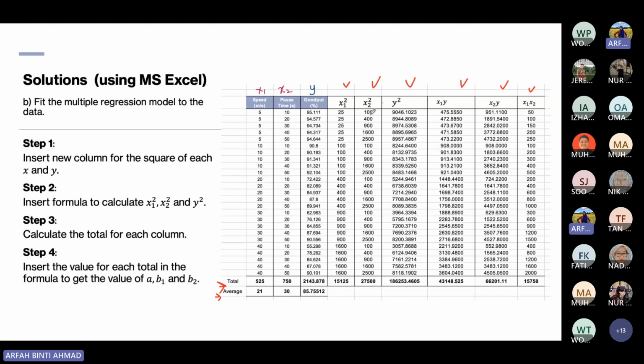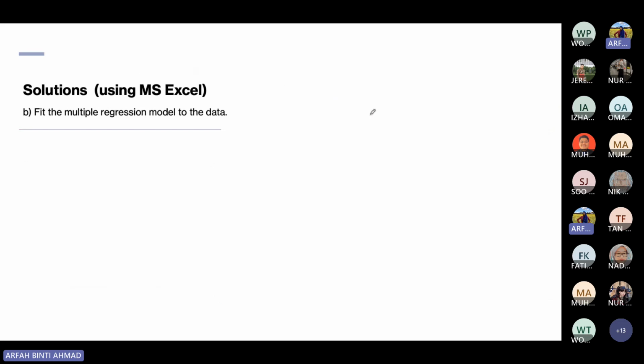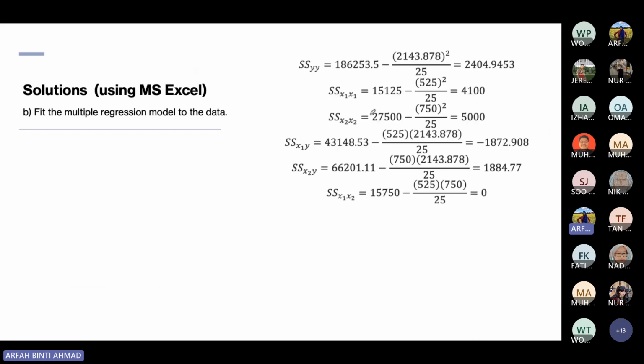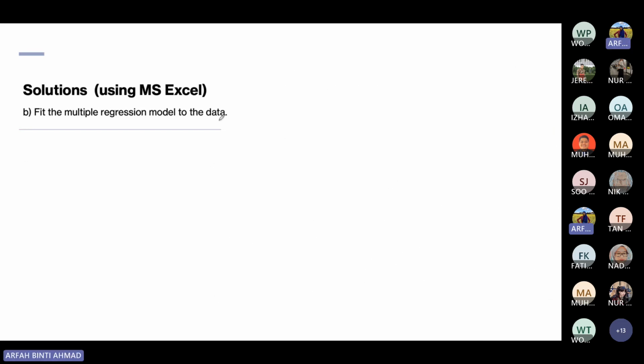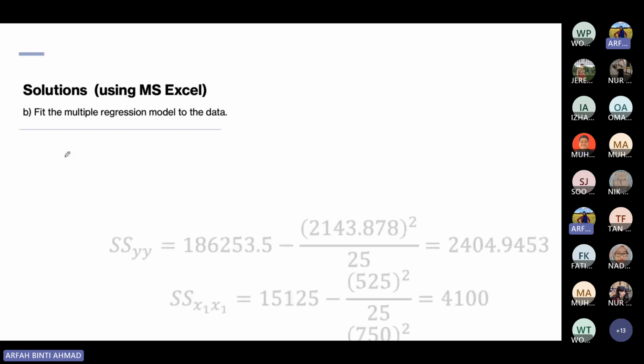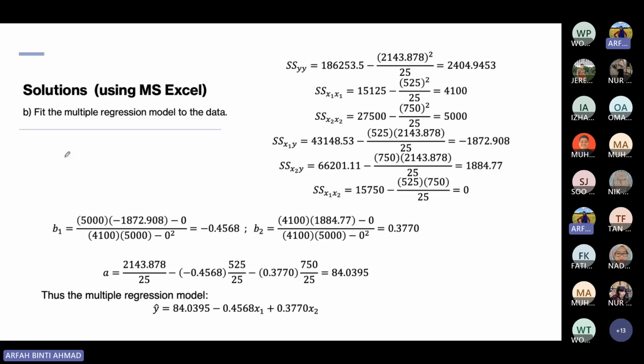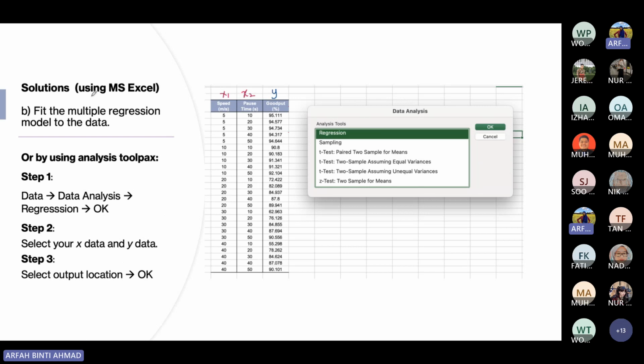You can try this one later by yourself, but I want to show you the faster way, by which we will just fit the multiple linear regression model for this one, using the analysis toolpak. So we will go to data analysis, select the regression and then select your X and Y data.